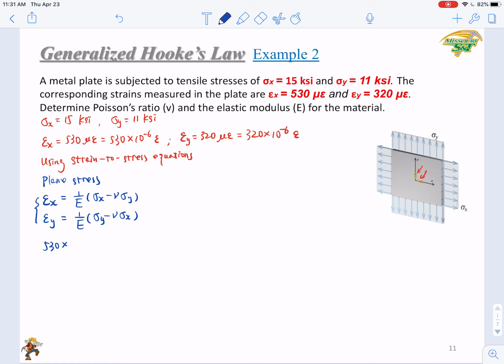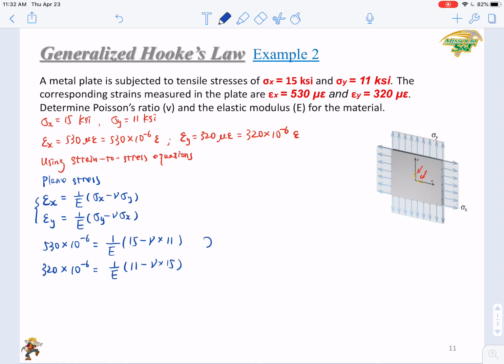530 times 10 to the negative 6 equals 1 over E times 15 minus nu times 11, and 320 times 10 to the negative 6 equals 1 over E times 11 minus nu times 15.